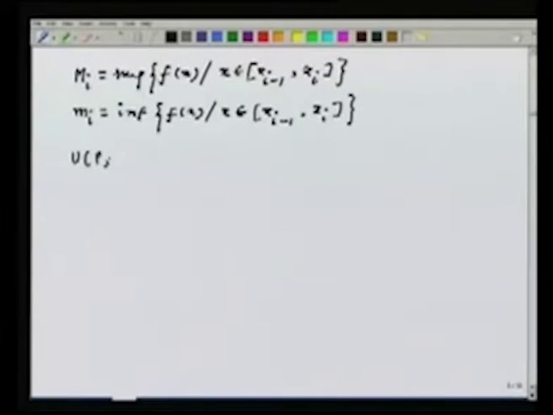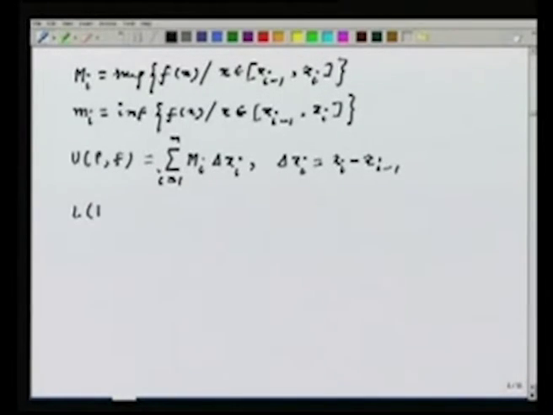Okay. Now I define U(P,f) equals summation i from 1 to n of capital Mi times delta xi, where delta xi is the length of the base with interval x(i-1), xi, that is, it is xi minus x(i-1), and I define L(P,f) equals summation i from 1 to n of little mi times delta xi, where delta xi is the same, it is xi minus x(i-1).